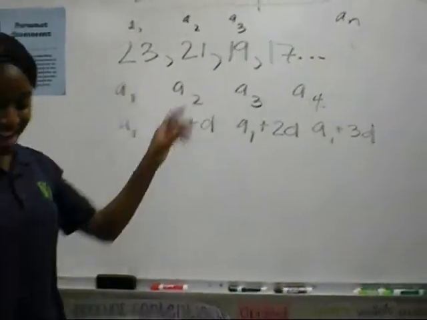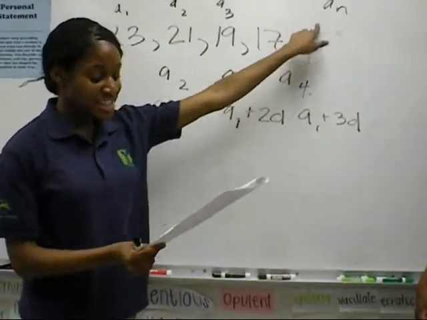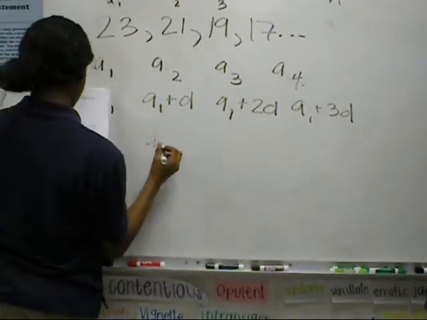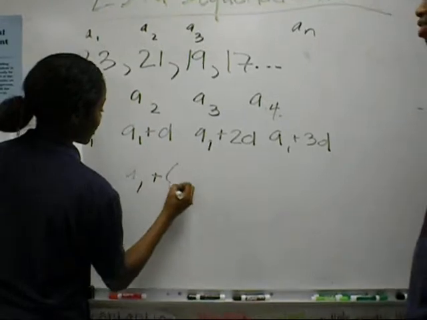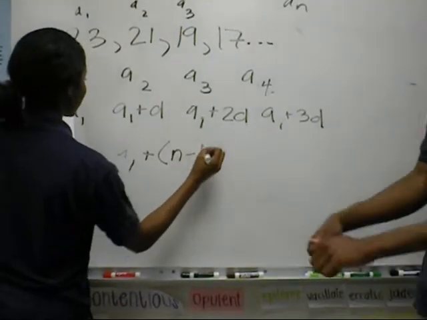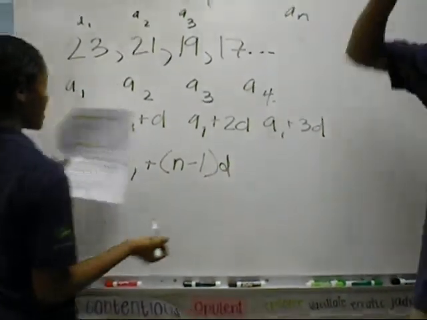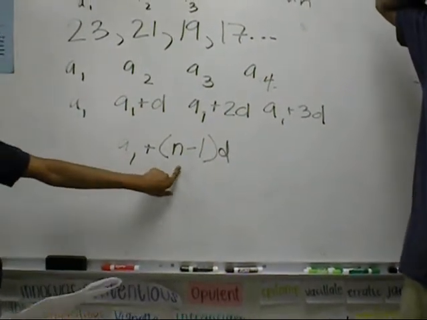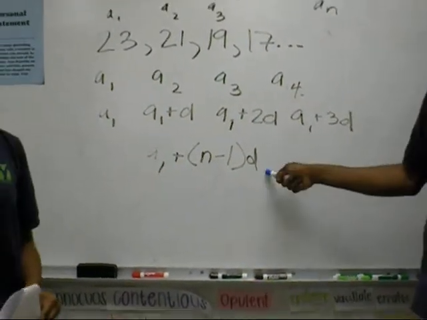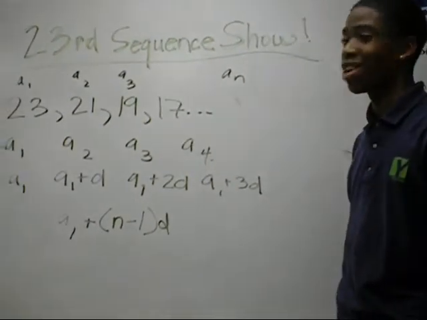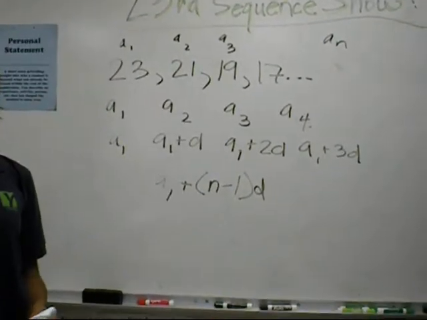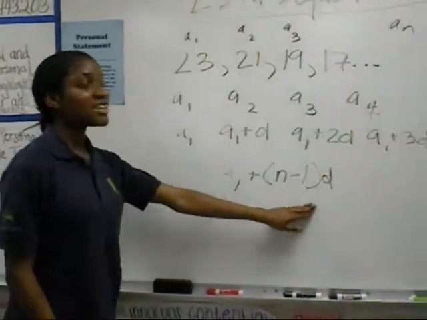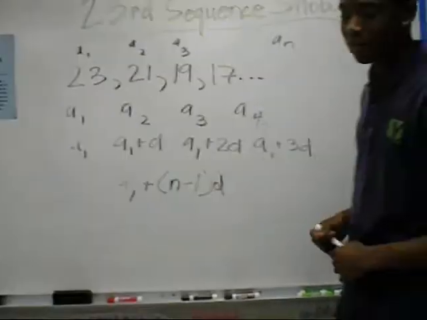Generally, AN in an arithmetic sequence is found with this expression: A1 plus N minus 1 times D, with N being the term number and D being the common difference or constant change. Find the 23rd term of the sequence using this expression.